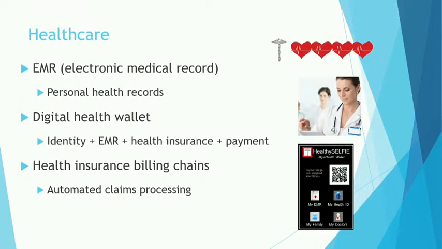In healthcare, for instance, you could store electronic medical records on blockchain, or you could create a digital health wallet which will not only store your medical records, but will also allow to identify a client and then make a payment directly from that wallet as well. And you could also use blockchain to automate the process of insurance claims immediately.